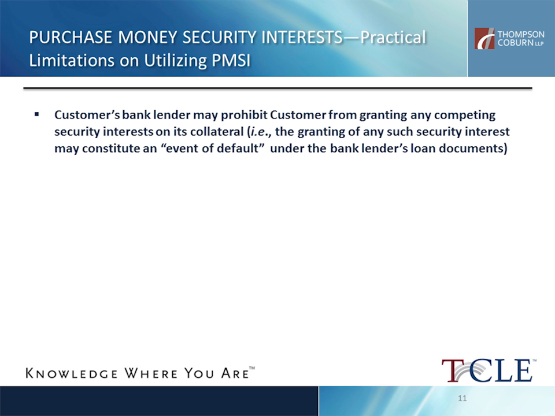And customers are very reluctant to act in violation of those covenants because it would create a default under their bank documents and conceivably give the bank lender the ability to foreclose on all the customer's assets. So that's purchase money security interest in a nutshell.